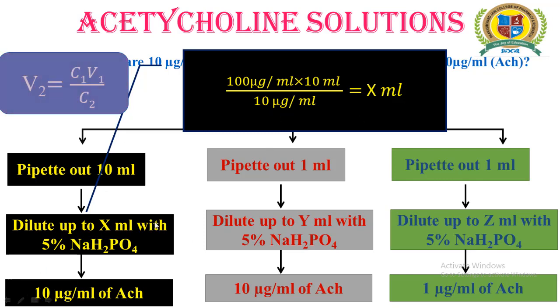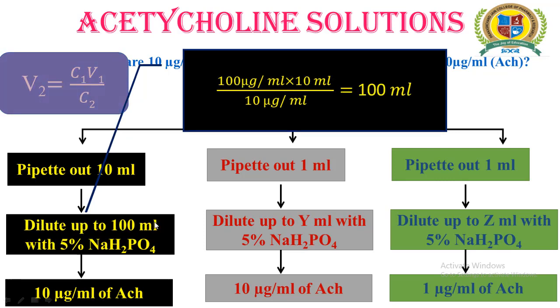Upon performing these calculations, we will get the answer, and that is nothing but 100 ml. Now you can say that if you pipette out 10 ml of the 100 microgram per ml acetylcholine solution and dilute it up to 100 ml with 5% NaH2PO4, it will yield 10 microgram per ml of acetylcholine solution. It is so easy.